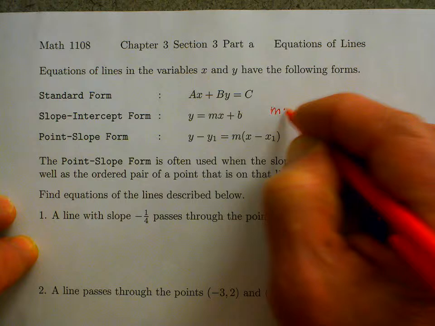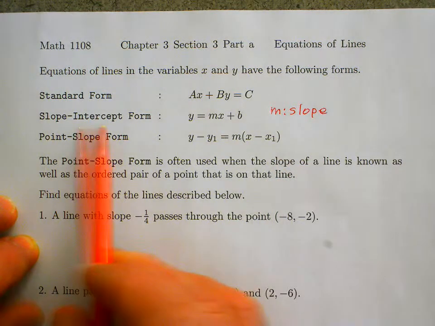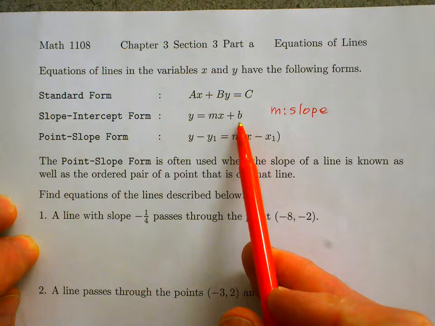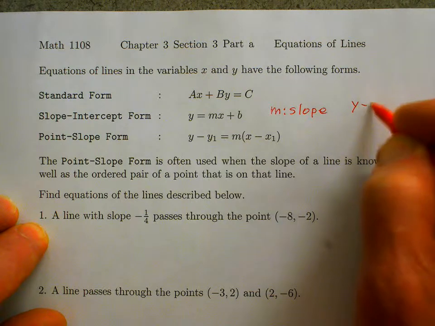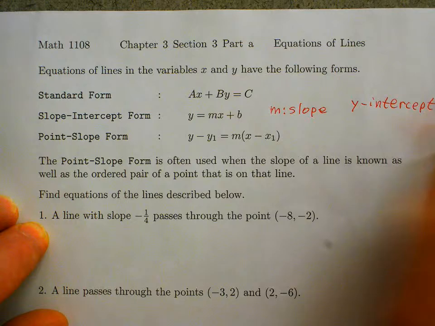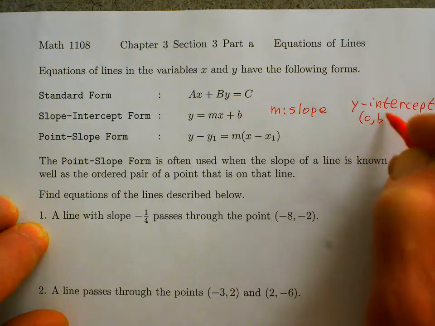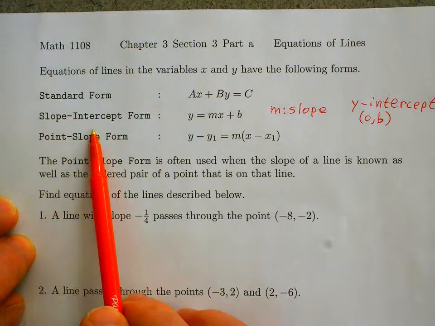So m is the slope. And the term intercept comes from the fact that this number b is the y-coordinate of the y-intercept. So the y-intercept is the ordered pair (0, b). So hence the term slope-intercept form.